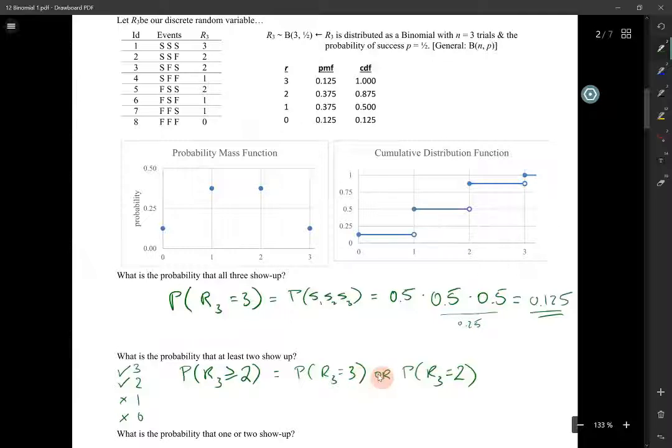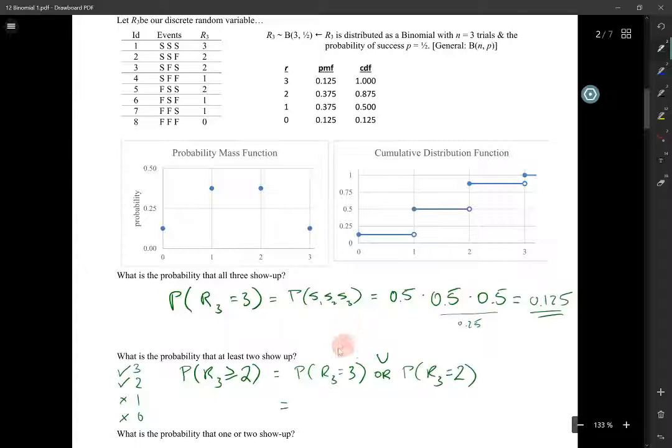And remember, what do we do with OR? When it's AND, we multiplied, so OR is the union, and with the union, of course, we add.